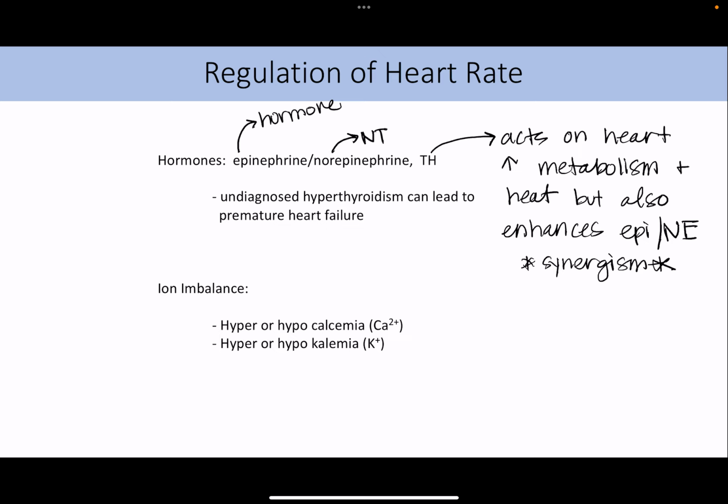Okay, so it can increase heart rate and contractility, which can be okay. But to a point. Okay, if you have way too much calcium, like in the case of hypercalcemia, this can disrupt function and can cause life-threatening arrhythmias.